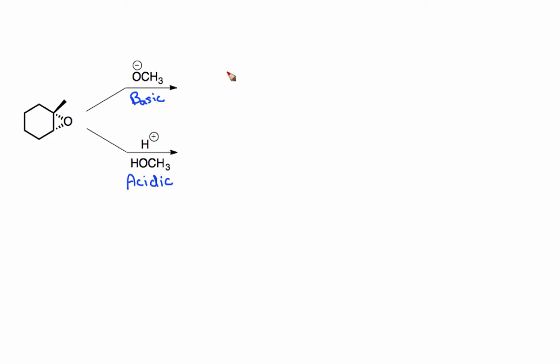Let's just redraw this so we can take a look at it here. Under strict nucleophilic conditions, the nucleophile is going to prefer to come in to the less substituted electrophilic carbon.